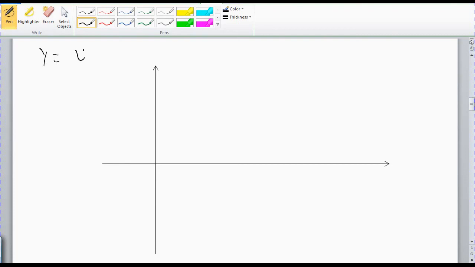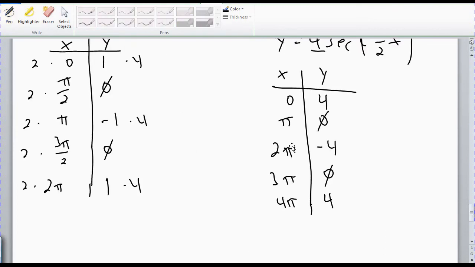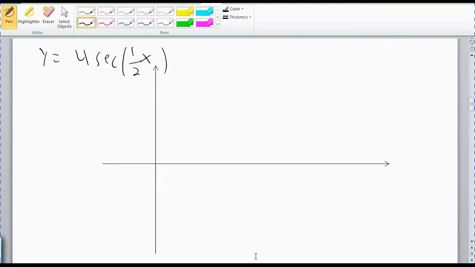Y equals 4 secant 1/2 x. So once again, we're using 0 pi, 2 pi, 3 pi, 4 pi.